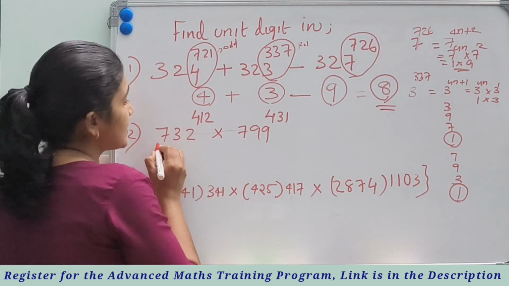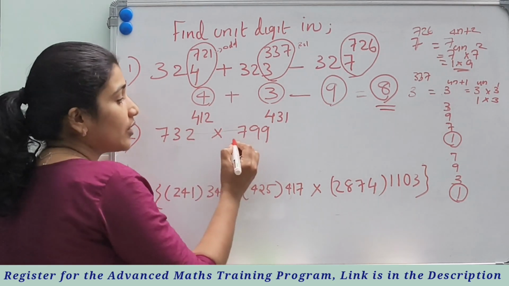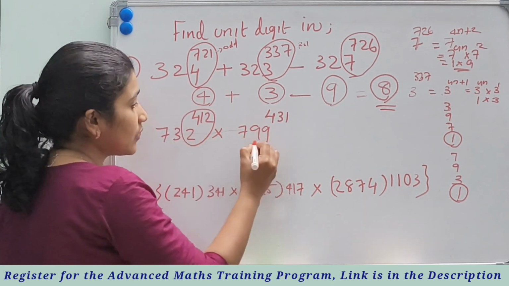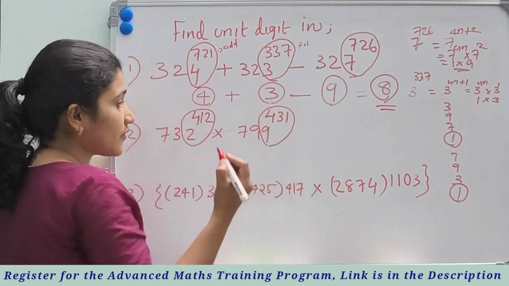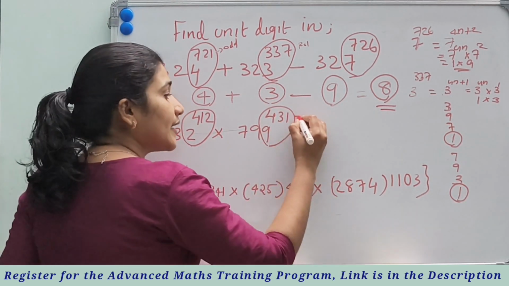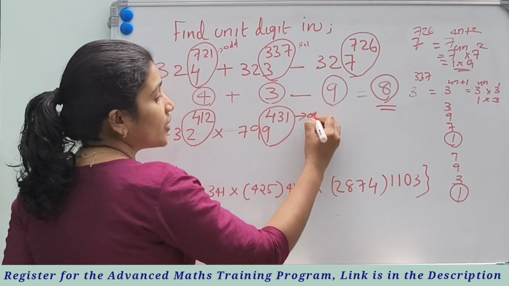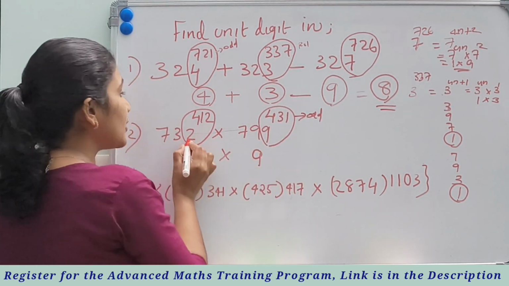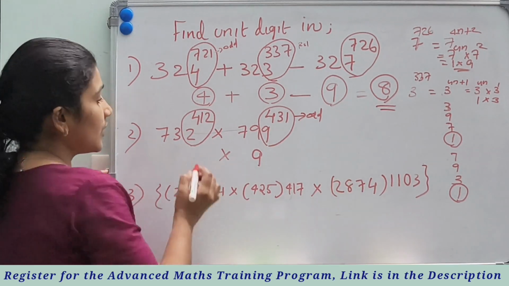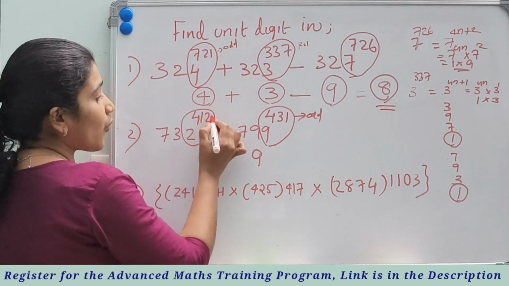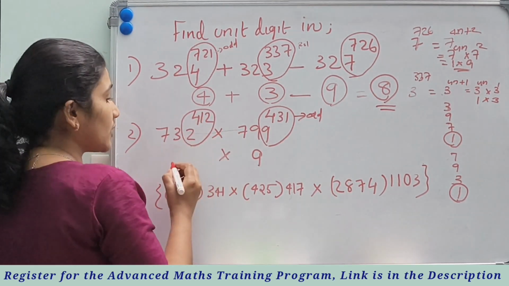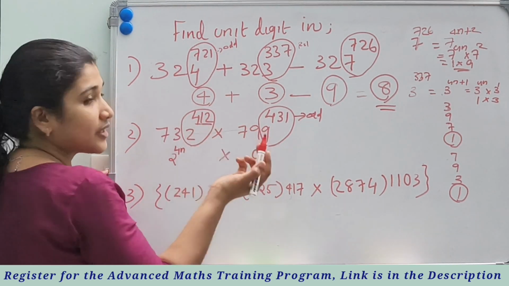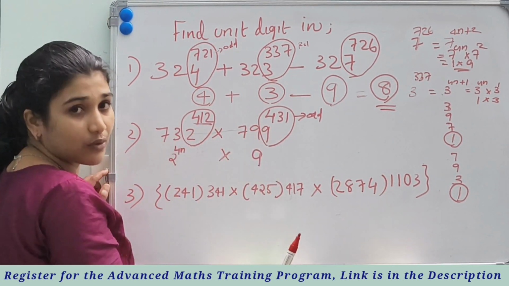Next is 732 raised to 412 into 799 raised to 431. So 2 raised to 412 into 9 raised to 431 we have to find. Here 9 raised to an odd number, the unit digit is equal to 9. And here 2 raised to 412, write it in terms of 2 raised to 4n. 412 is a multiple of 4, since 12 is a multiple of 4.